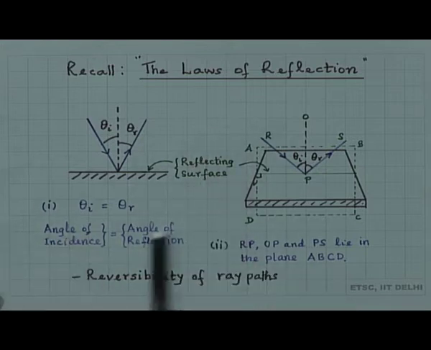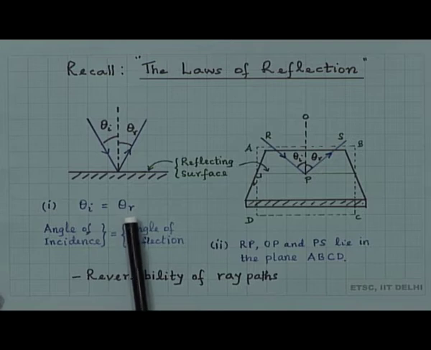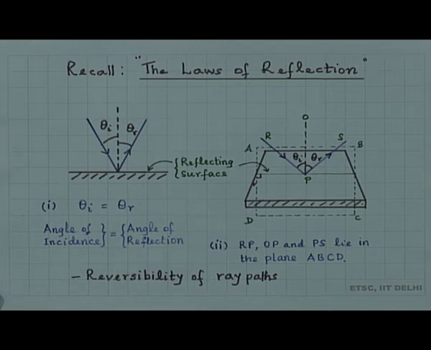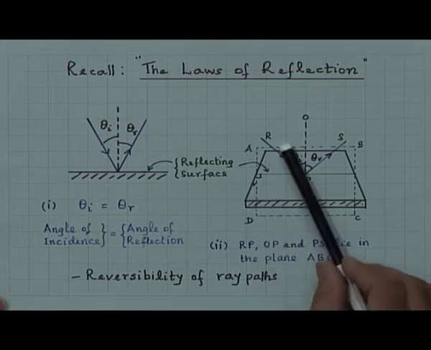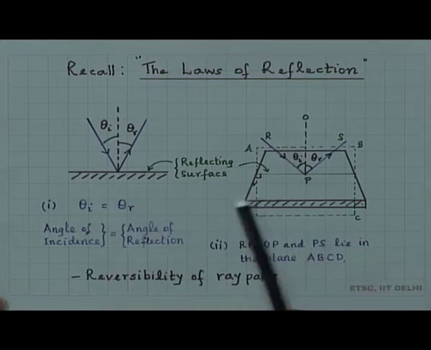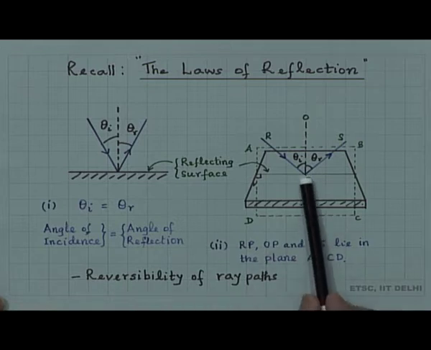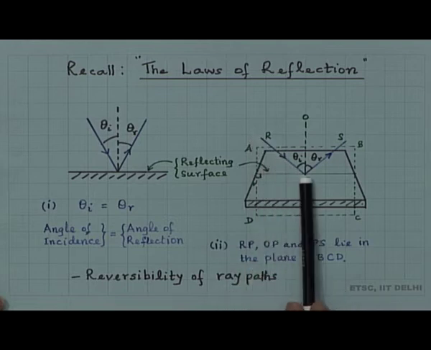So, the first point is that theta i is equal to theta r, that is, the angle of incidence is equal to the angle of reflection. The second point: I have shown the same mirror in a little bit of 3D view here, where the point of incidence is P, R P is the incident ray and P S is the reflected ray.